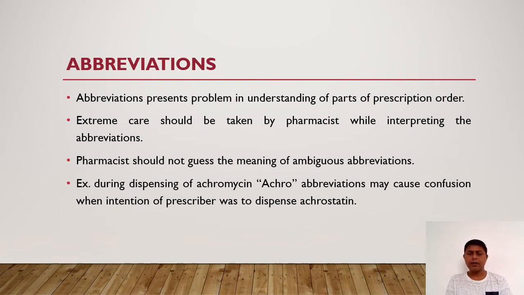Extreme care should be taken by pharmacists while interpreting the abbreviations. Pharmacists should not guess the meaning of ambiguous abbreviations. Example, during dispensing of acromycin, the acro is an abbreviation used, which may cause confusion when the intention of the prescriber was to dispense acrostatin.